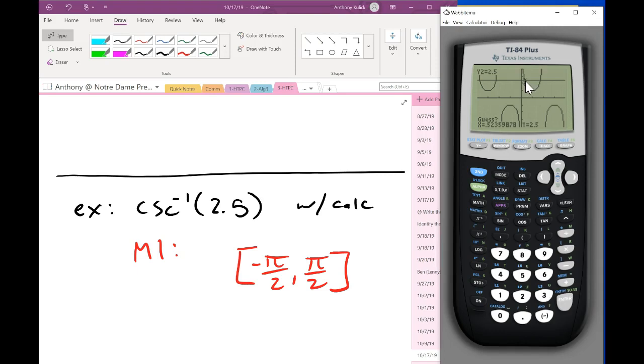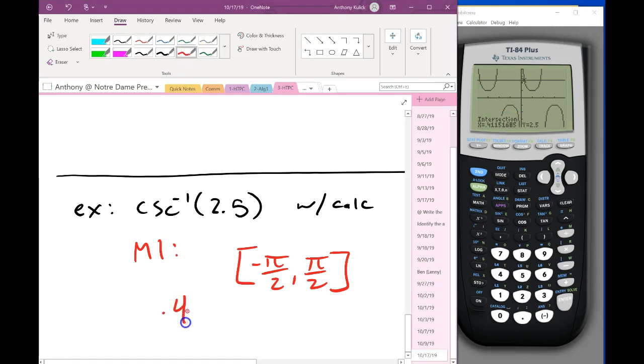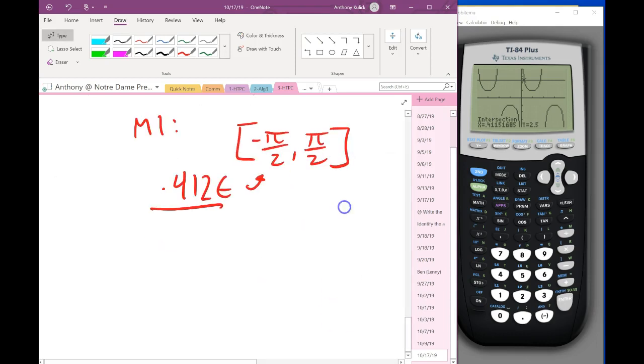So make sure you've moved your little cursor very close to the actual intersection for your guess. And when I do that, I get 4.12-ish, or .412, which is definitely inside of that range. Is everybody okay with that idea?